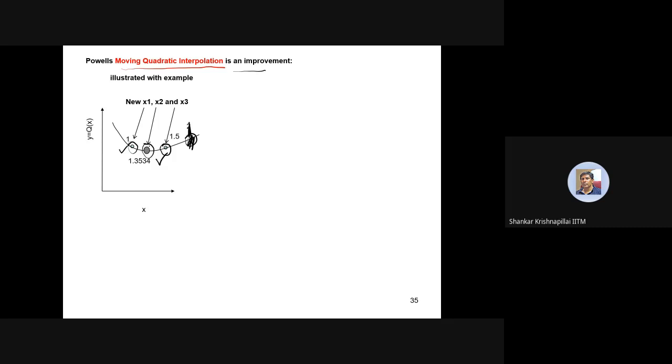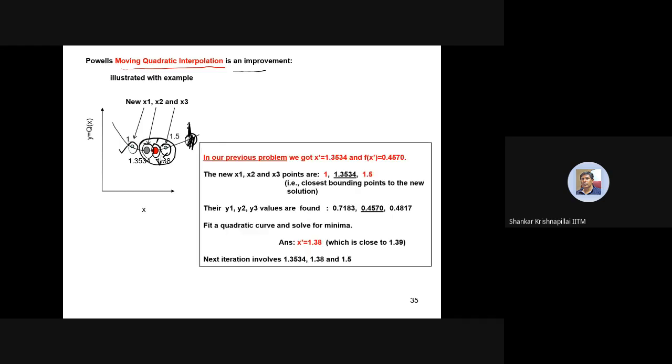So this way you can iteratively improve the quadratic fit. You take the best point and the points around it, and you get a new fit. This is just an explanation of what I already said. Now the new x1 is 1.5.